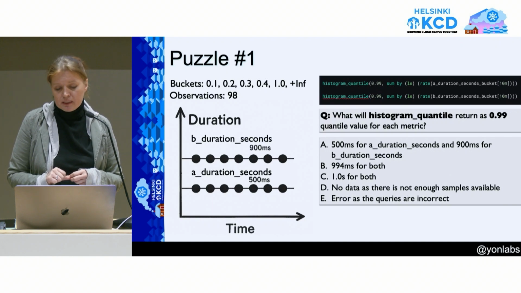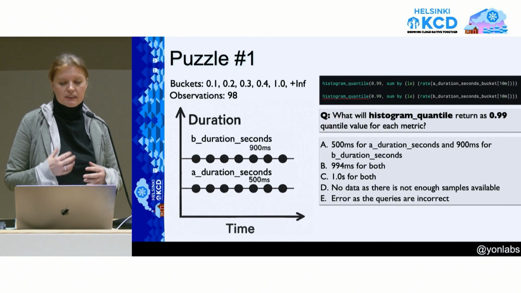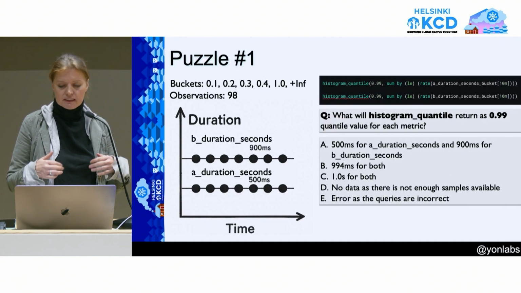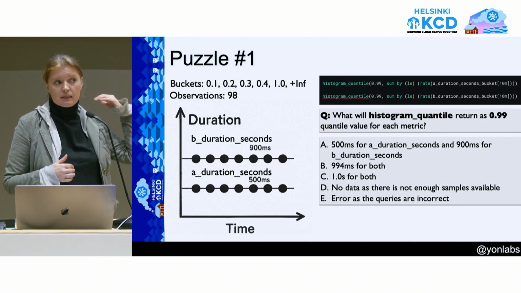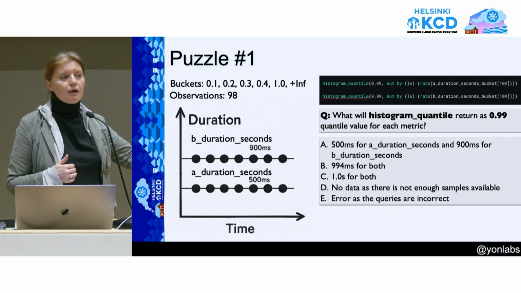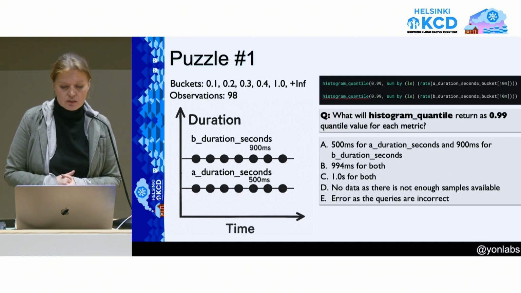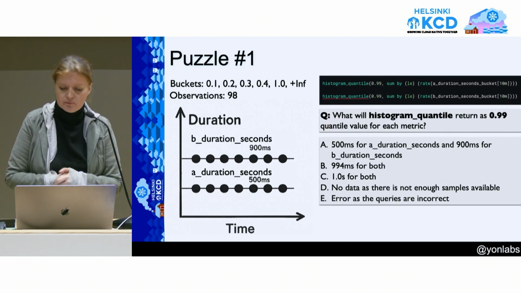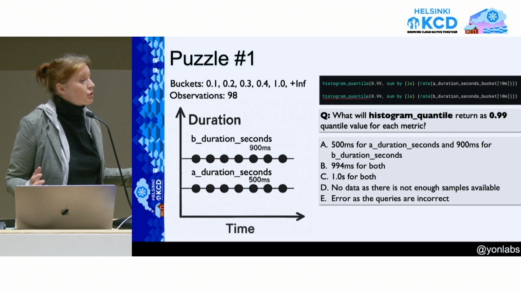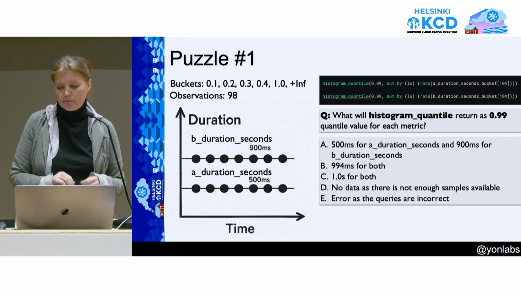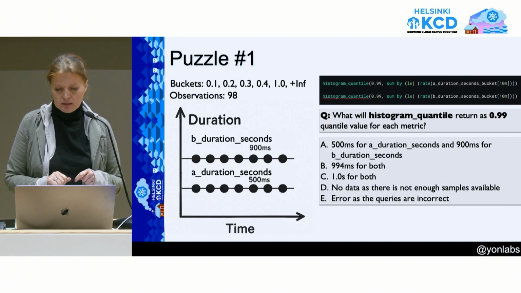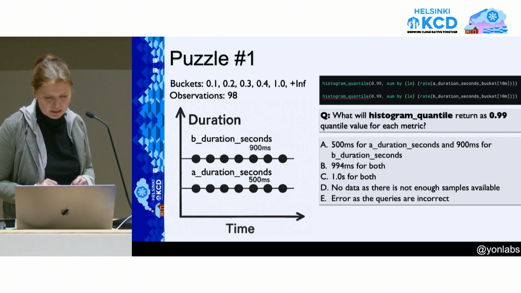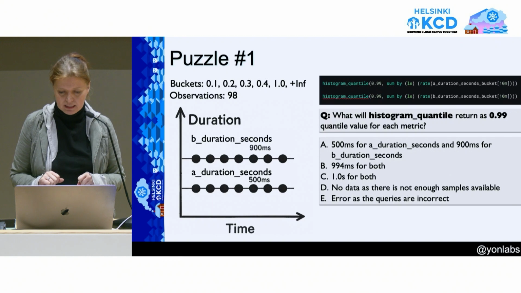And then perhaps Prometheus returns the same for both of them, around 994, or perhaps it returns the upper bound of the bucket. So this is 1 second, or perhaps no data are returned as there are not enough samples available to compute 0.99 quantile, or perhaps an error is returned as queries are not correct.